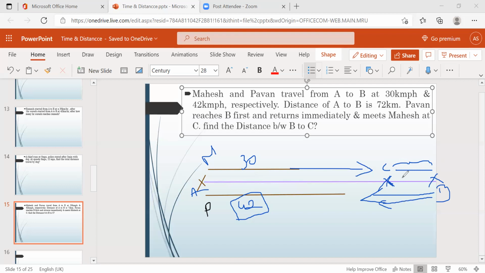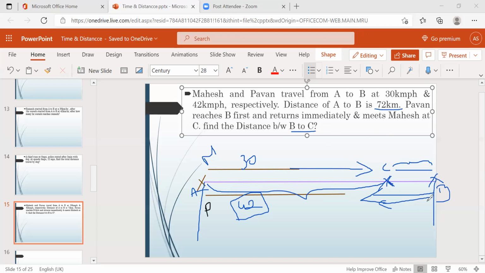So for this, I have one simple trick and a formula. First, note down that formula. This is first the AC distance. But in this question, they're asking for BC, right? We know the total distance, given in the question.